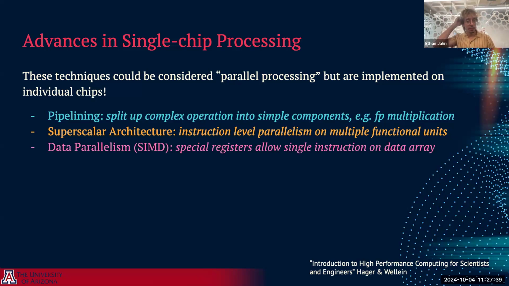Data parallelism. This might be a technique in which special registers allow a single instruction on a data array. So if you're multiplying two arrays, you only have one set of instructions, but you have a large number of pieces of data that you're operating on, which allows for that operation to then be parallelized.